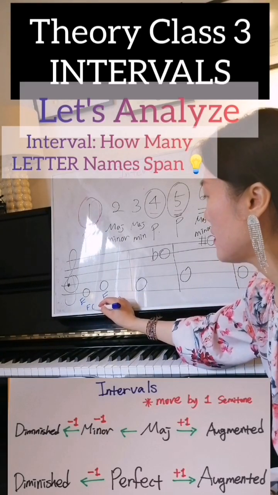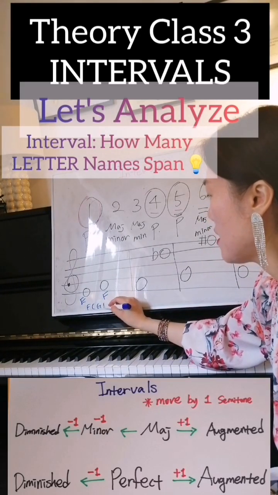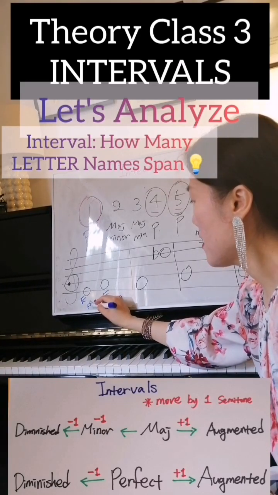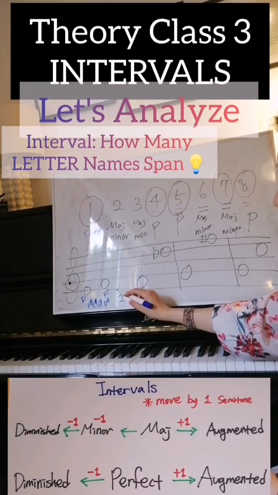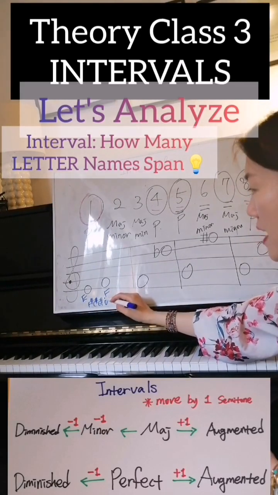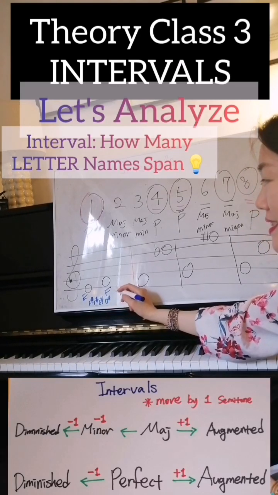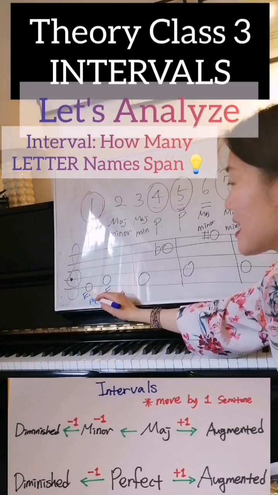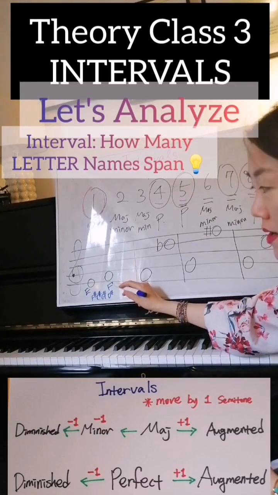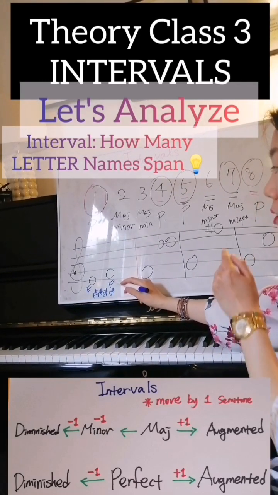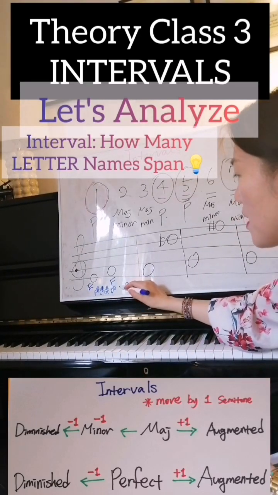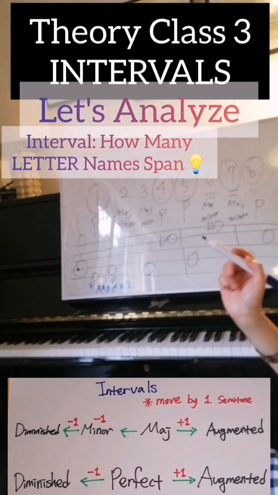F, C, G, and D sharps. So in order to form a major second, do you need a sharp on F? Yes, F sharp is the second of the E major scale. But this one doesn't have a sharp, so it has been lowered by one semitone from F sharp. So that becomes a minor second.